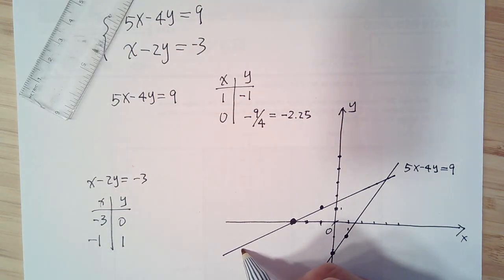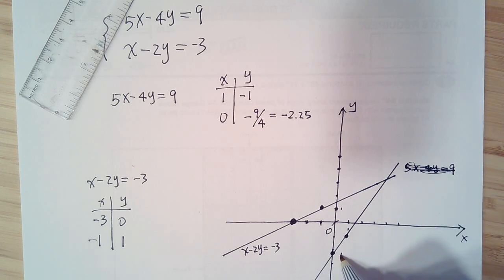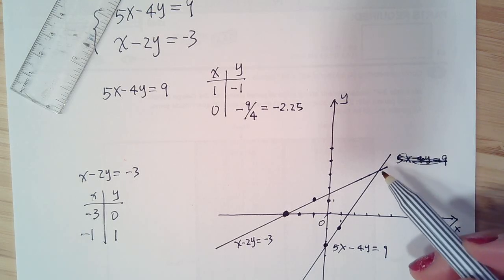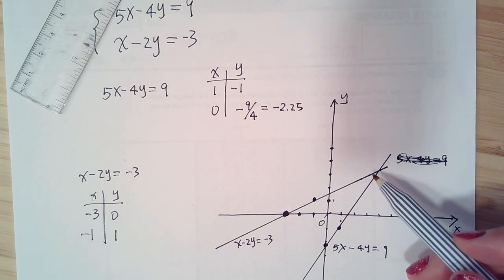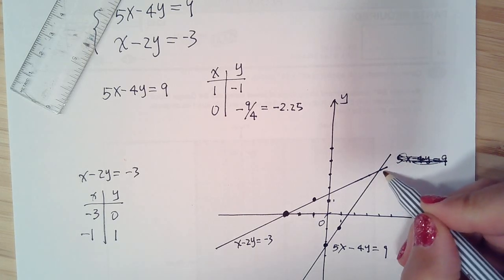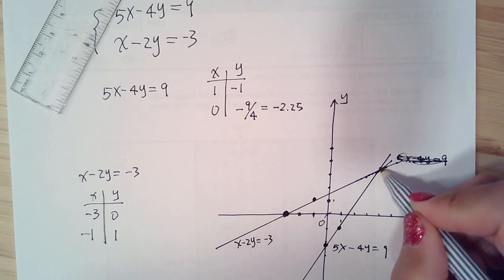This is the graph of x minus 2y equals negative 3. And this is 5x minus 4y equals 9. Do you see where they cross each other? Where is the solution? It's not a very good graph, because it's not very accurate.